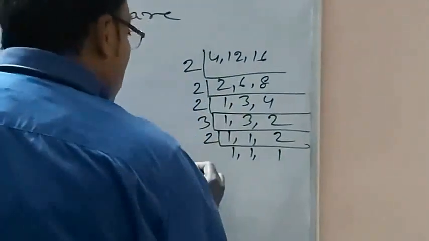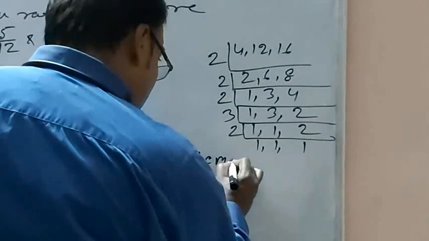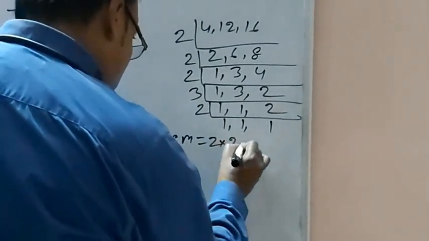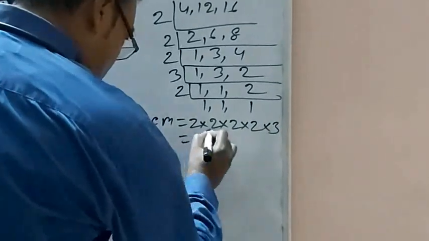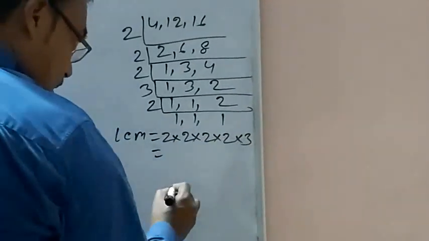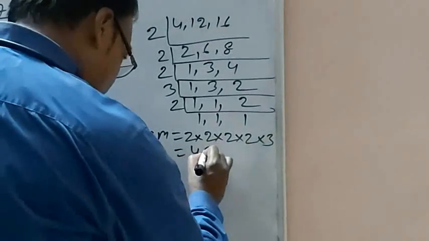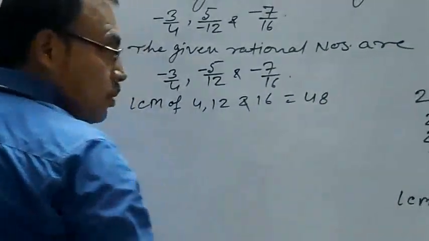So now LCM equal to 2 into 2 into 2 into 2 into 3, equal to 48. So here LCM equal to 48.